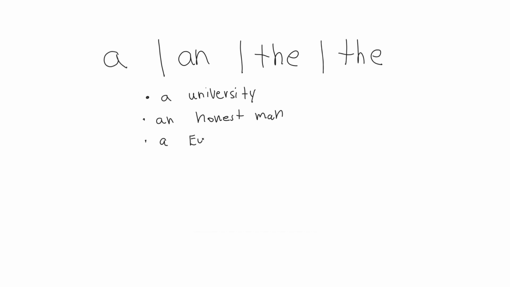And European, a European country. Once again, the U sound is a consonant sound. And an hour, where the letter H is silent and we hear a vowel sound, and a user, which has a U sound. So it's about pronunciation, not just letters.